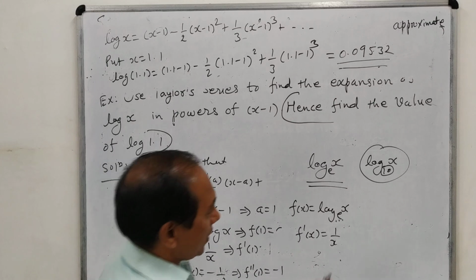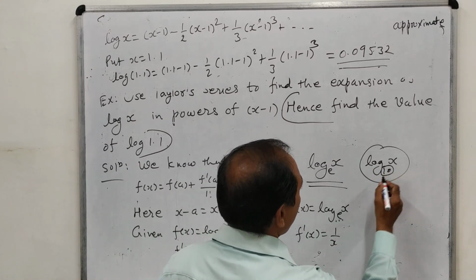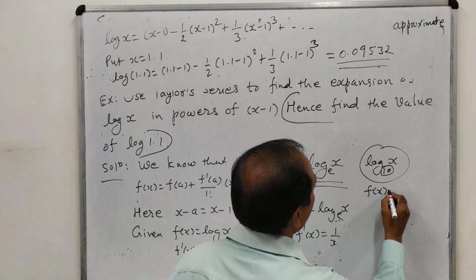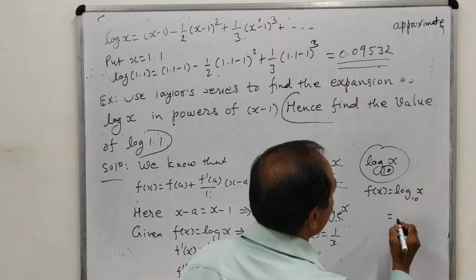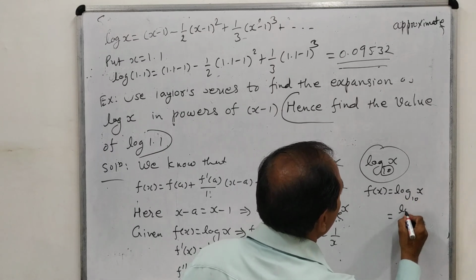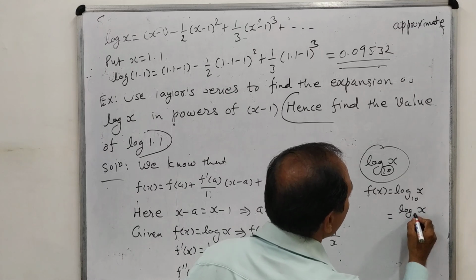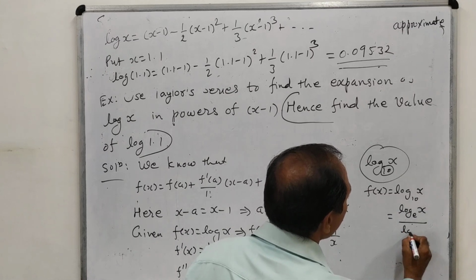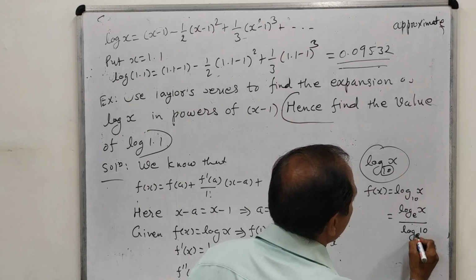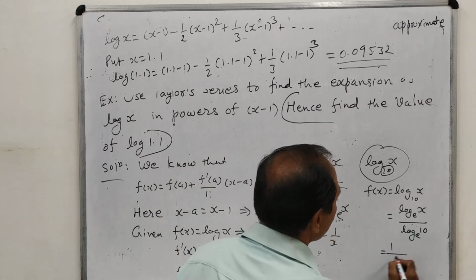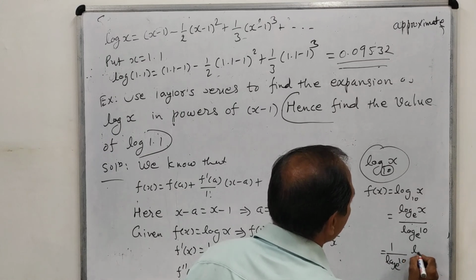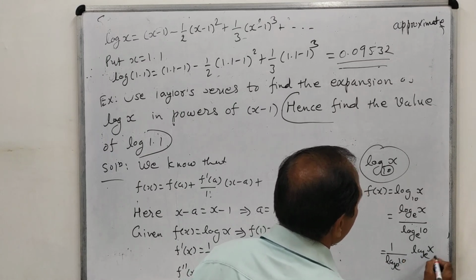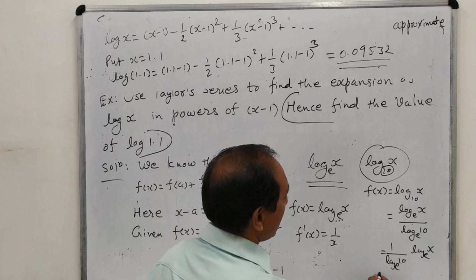But if we are given log of x base 10, then we need to convert this in terms of log of x base e. And we can do this in this way: log of x base e upon log of 10 base e. And this is a constant, so log of 10 base e we can keep outside. Then we can find its value.